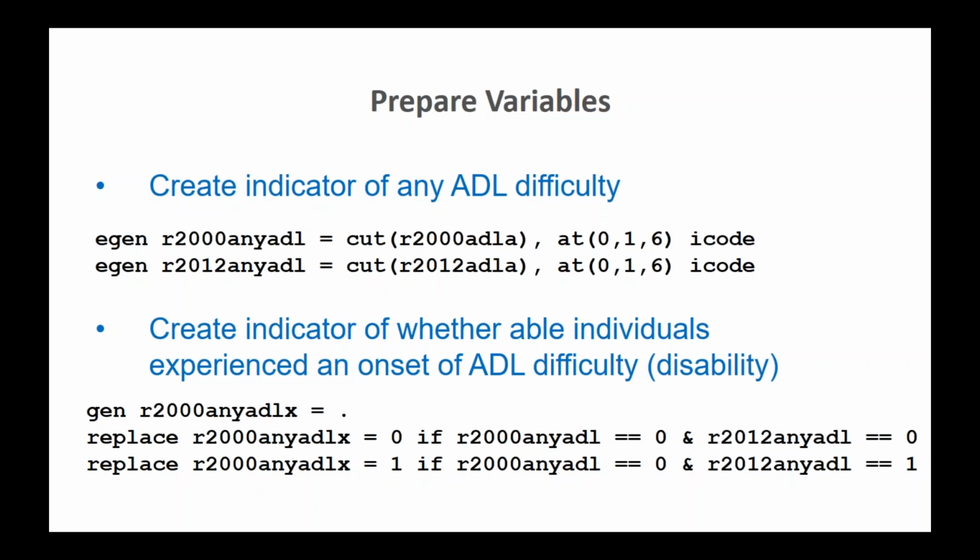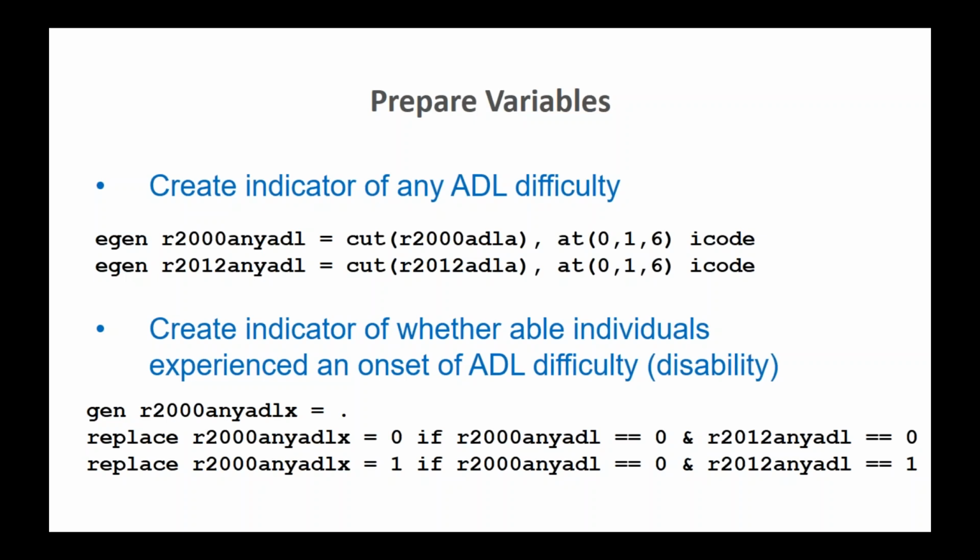So we're going to assign a value of 0 if the person didn't have, again, we established at the baseline there was no difficulty, and then when we followed up 11 to 12 years later, they still didn't have a difficulty, right? And then we're going to assign a value of 1 if we know at baseline they had no difficulty, but when the follow-up happened 11 or 12 years later, they did have a difficulty.